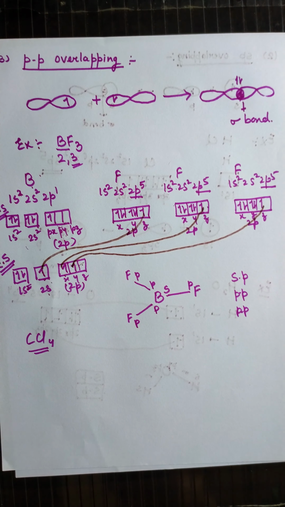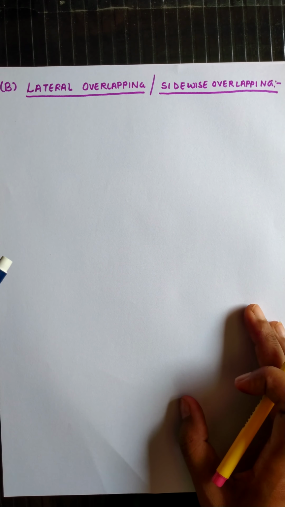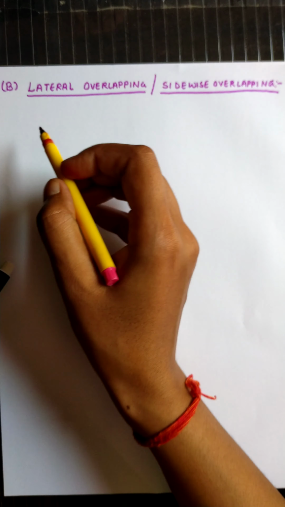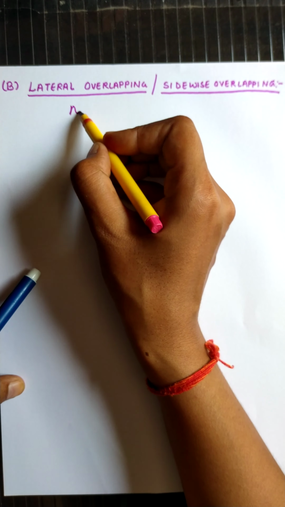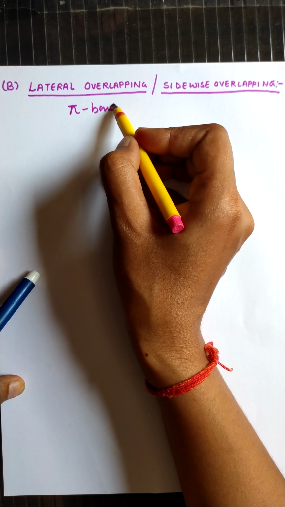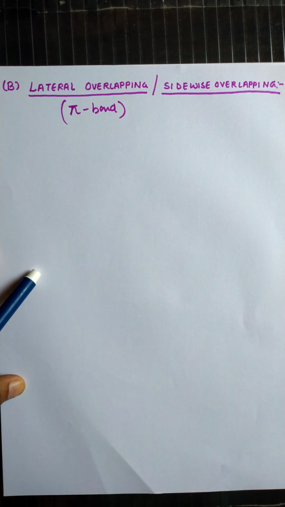Now the second type of overlapping is lateral overlapping, or sidewise overlapping. By lateral overlapping, a pi bond is formed. It results in the formation of a pi bond only.